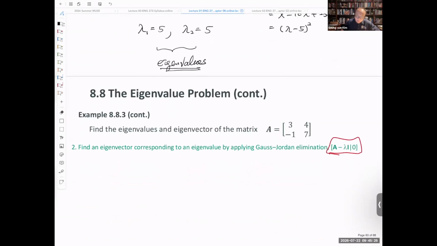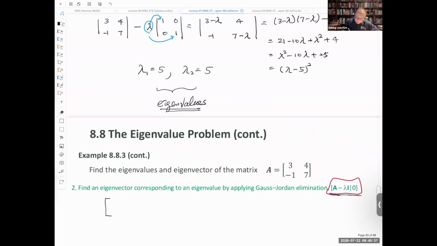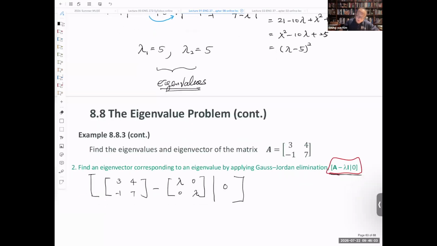So now, to find the eigenvectors, we have to use this. So we're going to have A, again, 3, 4, -1, 7, minus lambda I. So this time, we're going to write lambda, 0, 0, times the bar of all this.